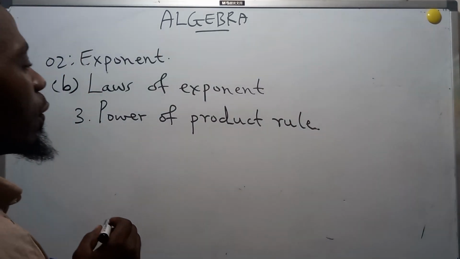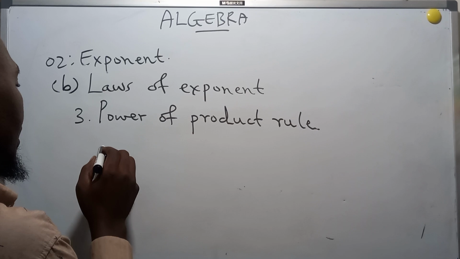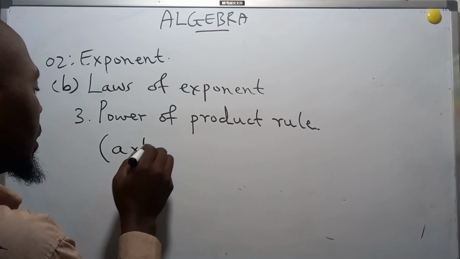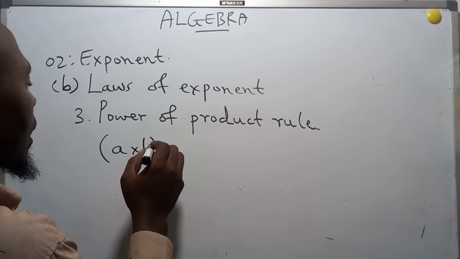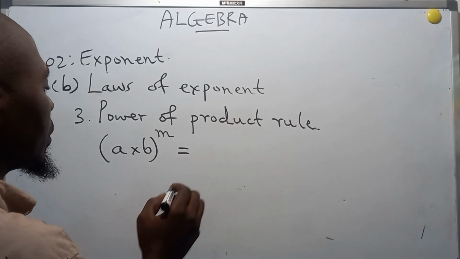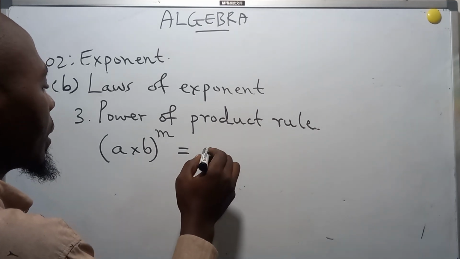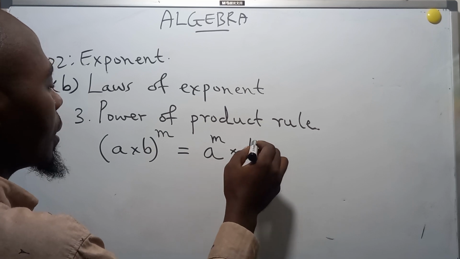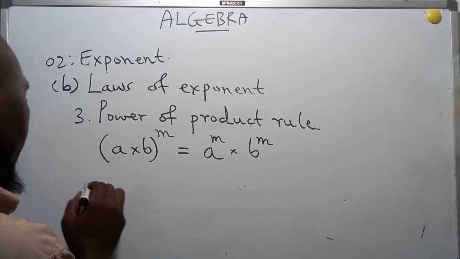According to the power of product law, it states that (a times b) all raised to the power of m is equal to a raised to the power of m times b raised to the power of m.